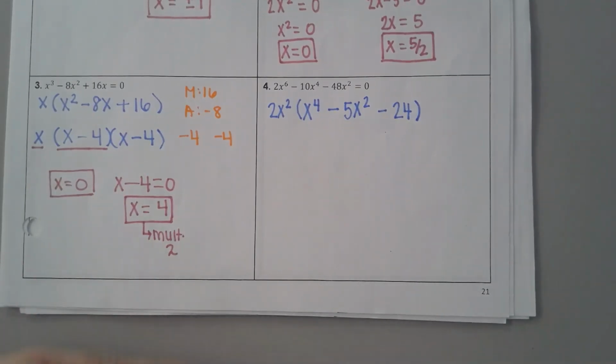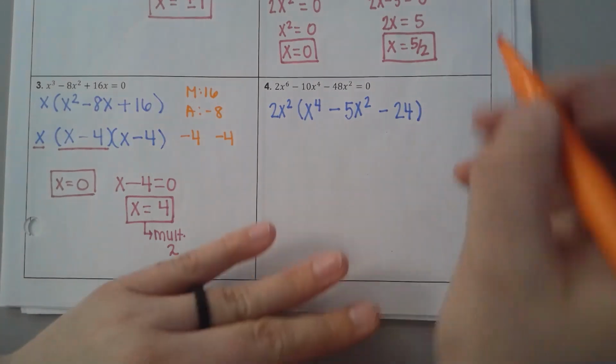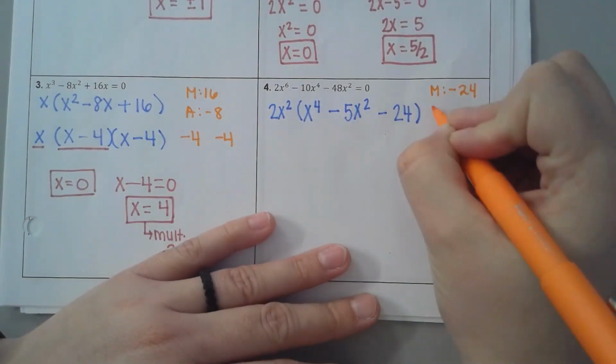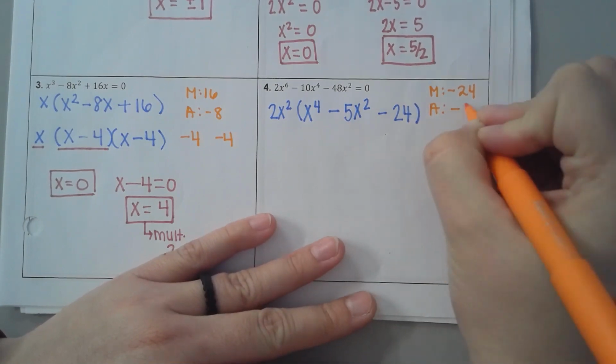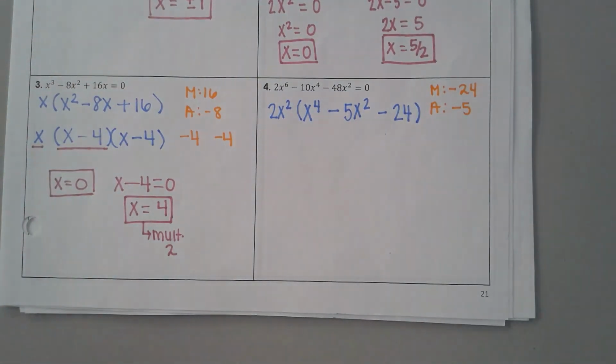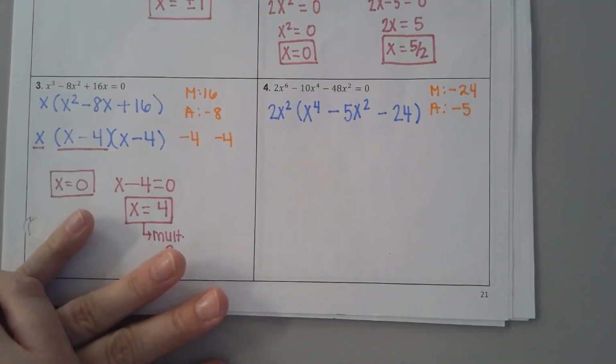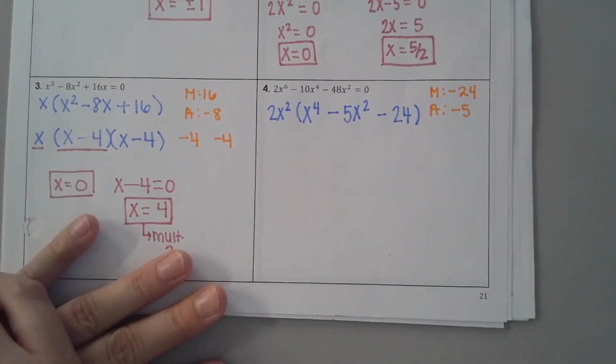This is a trinomial. So we want to see if there are 2 numbers that multiply to be negative 24 and add to be negative 5. Are there 2 numbers? Negative 8 and 3. Yep.